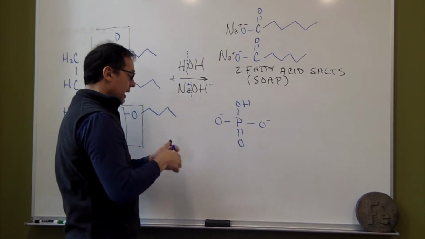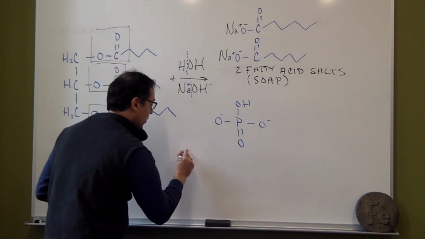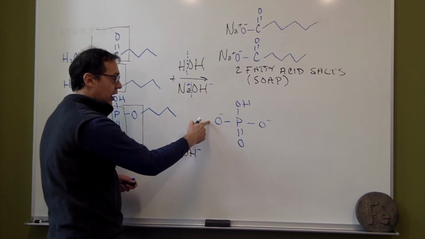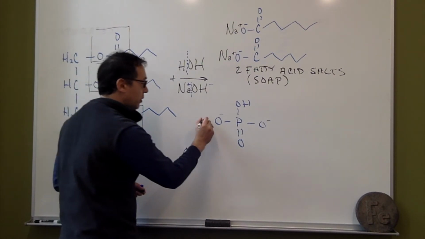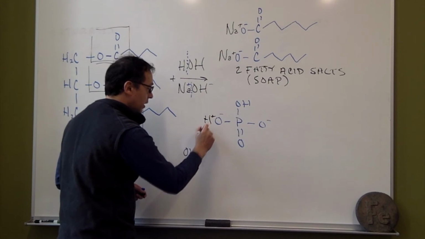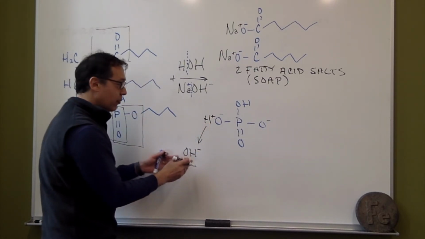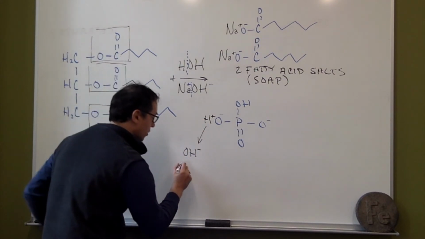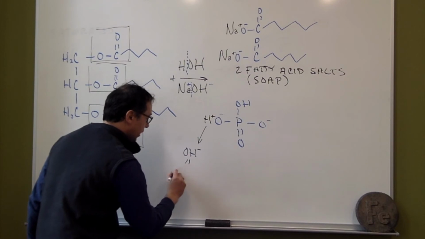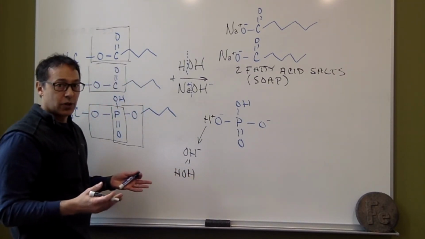Those excess OHs, I'm just going to put down here. Those excess OHs would take the hydrogen from here. So I'm going to put a hydrogen here, and that's going to come down and attach to this, and then we end up with HOH, which is, of course, water.